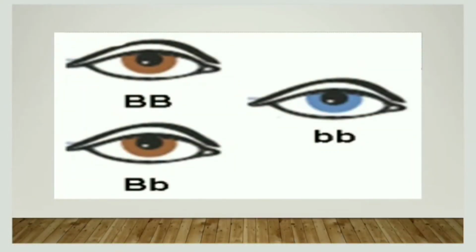Let's take one more last example, that is eye color. Eye color, for example, is of two types, a brown color as well as a blue color. The brown color occurs when the alleles are in dominant form, whereas the blue color occurs when the alleles are in recessive form.